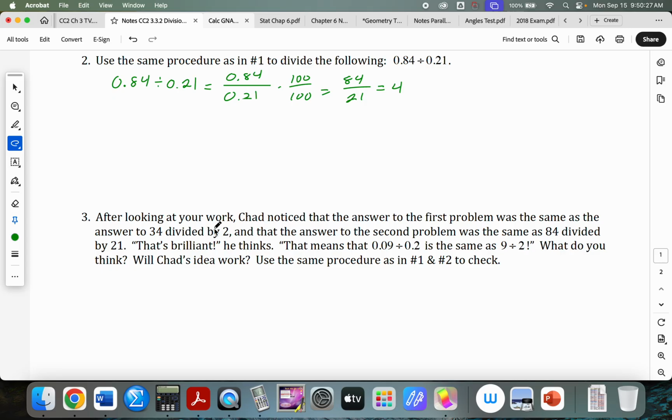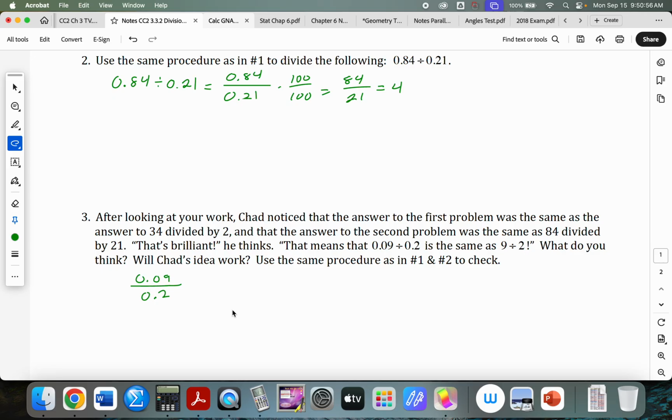No. Can we do the same procedure we did before? So 0.09 divided by 0.2. What would we have to multiply by to get rid of the decimals entirely? Yes. Well, if we multiply by 10, 10 times 0.09 is going to be 0.9.